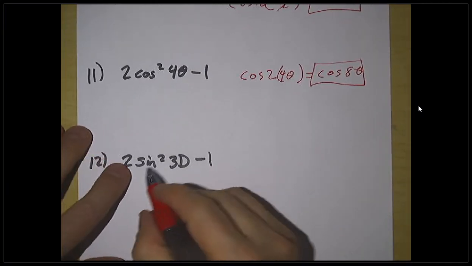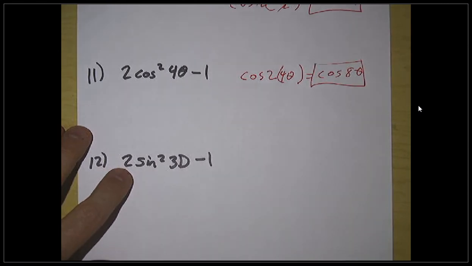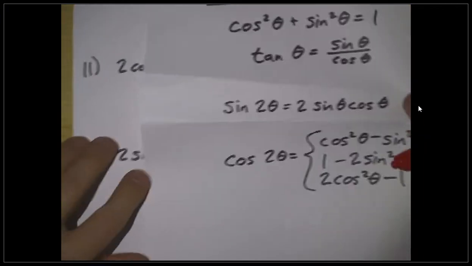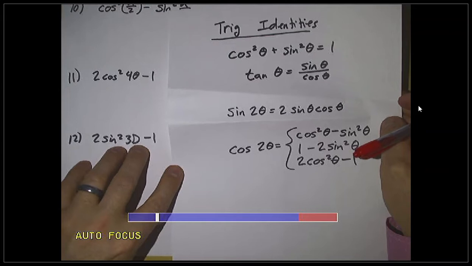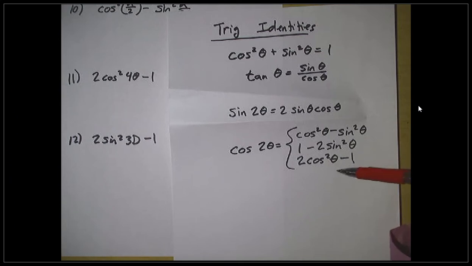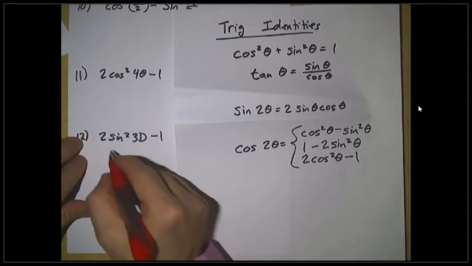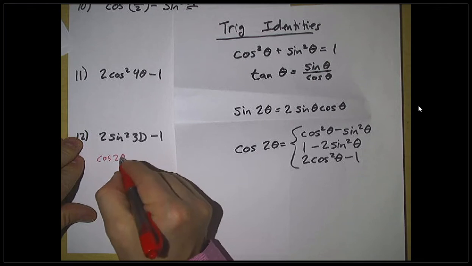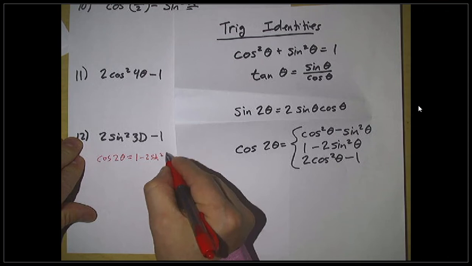Last one, I have 2 times sine squared of 3d minus 1, which looks like, well, we could rewrite it this way, I suppose. So we're going to try to use cosine 2 theta equals 1 minus 2 times sine squared theta.